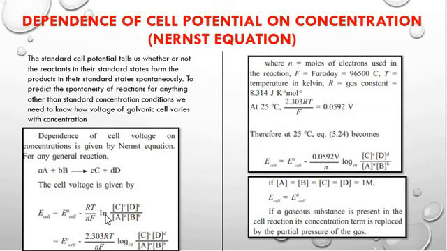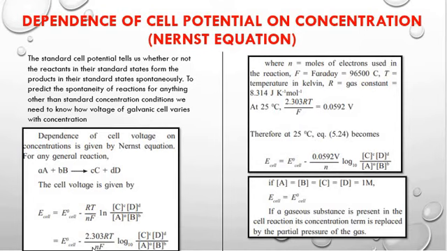If I convert this ln into log base 10, the equation would be E cell is equal to E naught cell minus 2.303 RT upon nF log base 10 of the concentration of the products upon the concentration of the reactants.